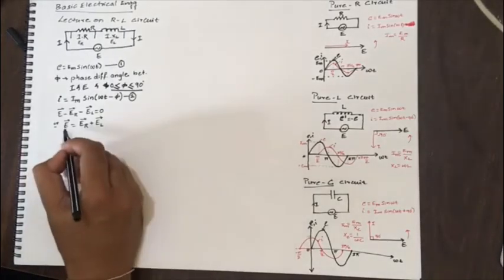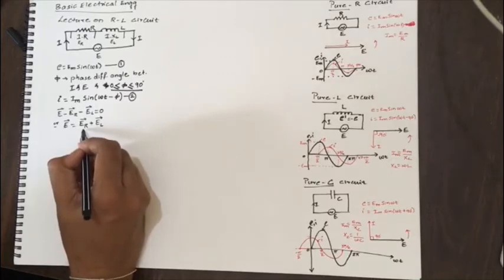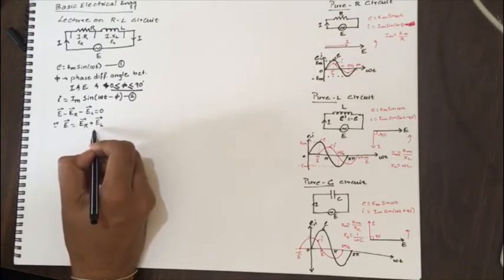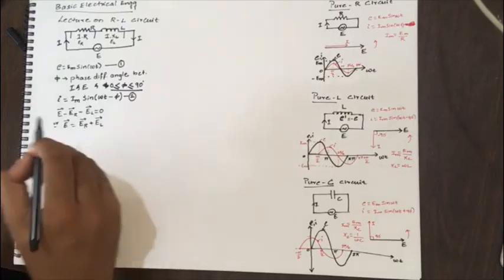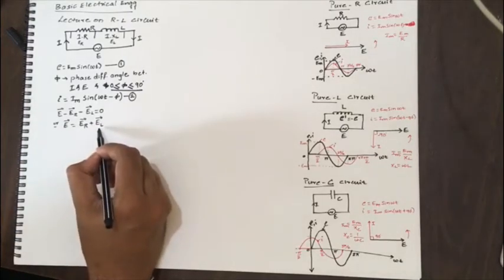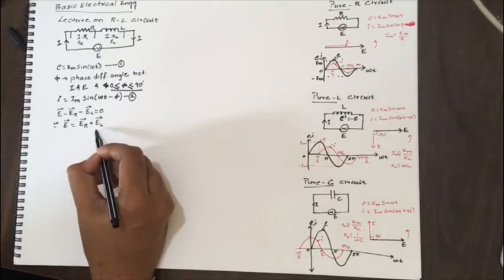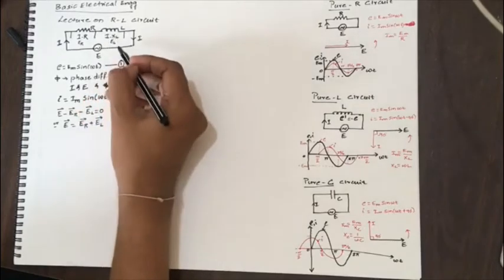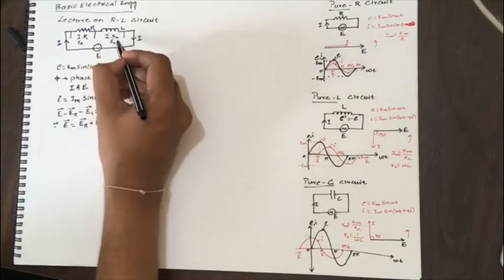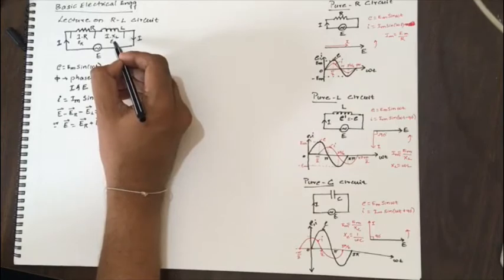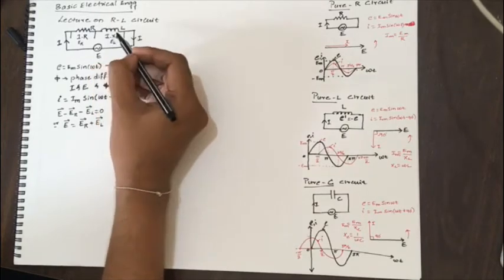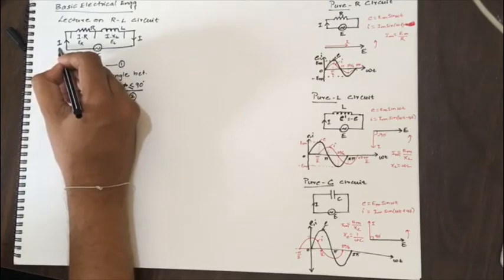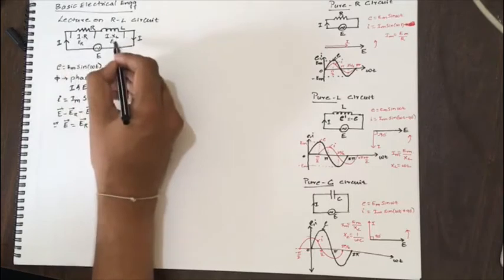Now if I want the vector E, I should know where the ER and EL vectors exist. When I want to know where the ER and EL vectors exist, then I should draw the phasor diagram for this circuit. So already, like I told, to draw the phasor diagram for this circuit, I should take one reference vector, and that reference vector I will take as current, because current remains common in all the circuit elements.